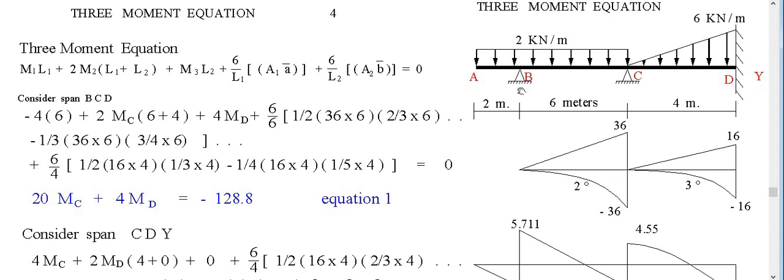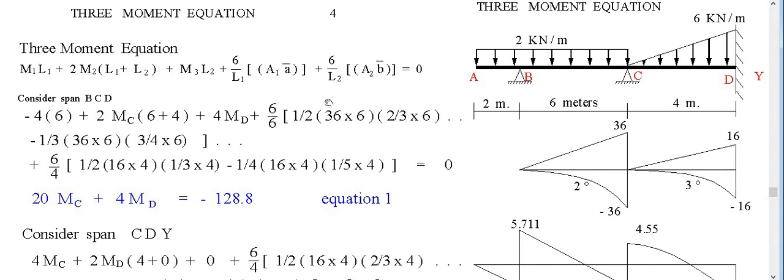This is the actual moment at B. So the moment at B is negative 4, times the left span, 6.